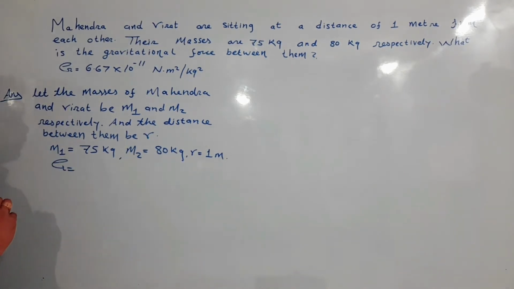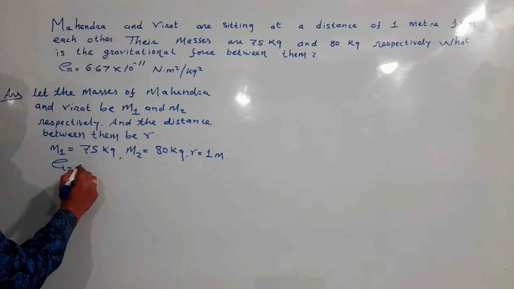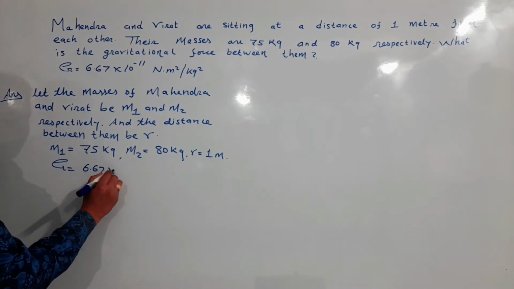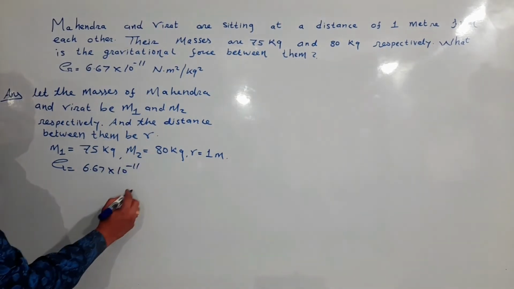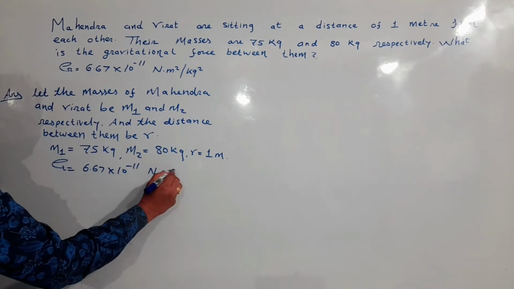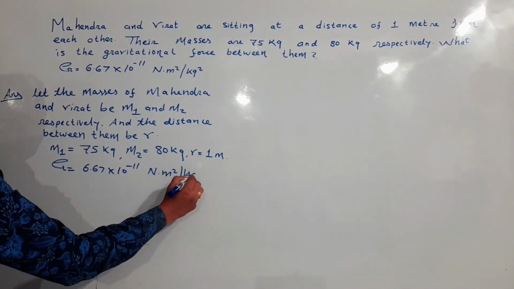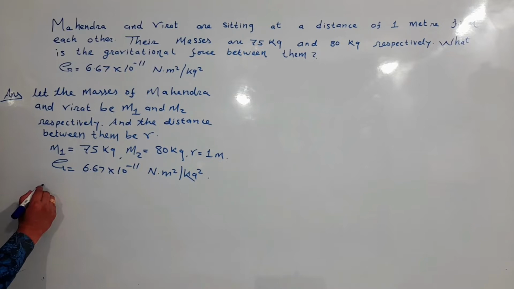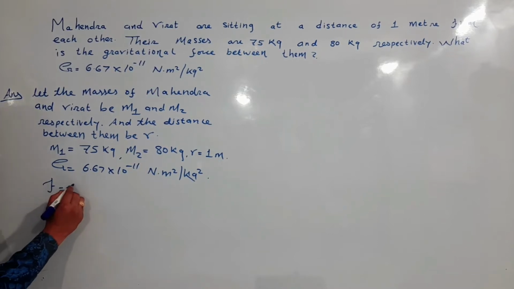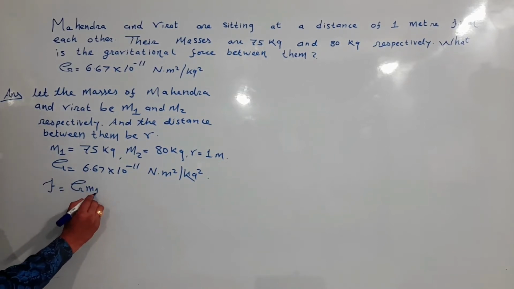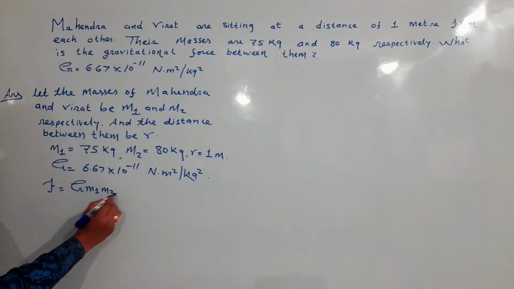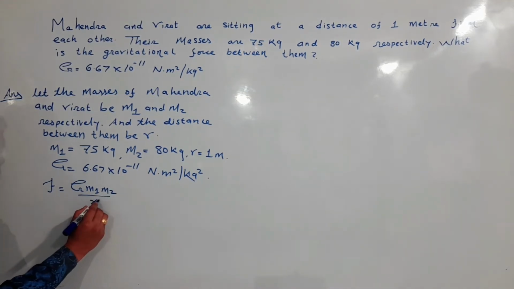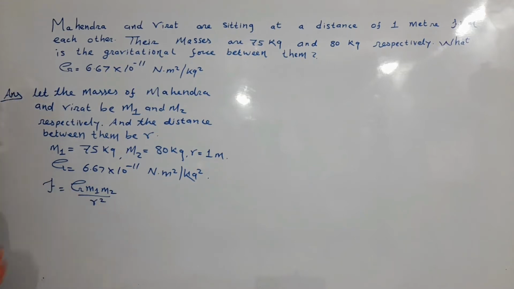G is given to us, and that is 6.67 into 10 to the power minus 11 Newton meter square per kg square. Now my dear student, we know the formula. F is equal to G M1 into M2 upon R square. Let's put the value.